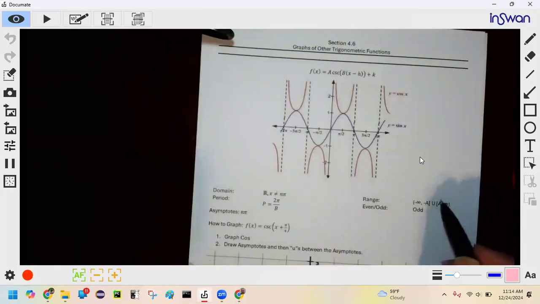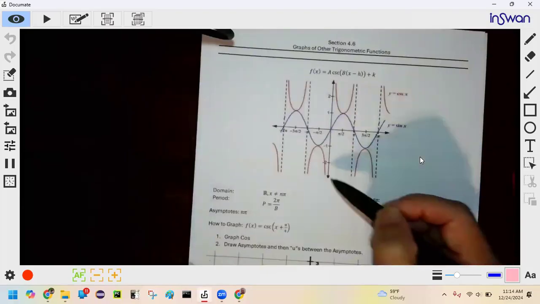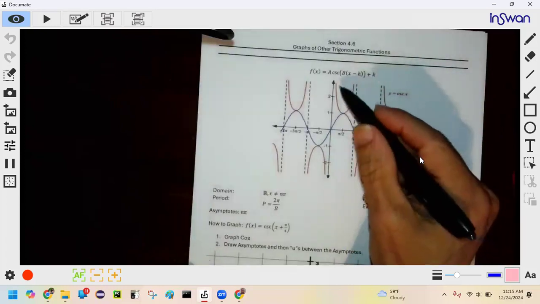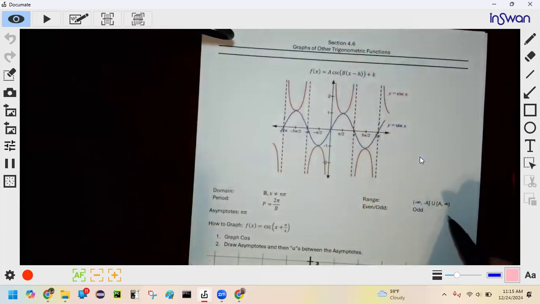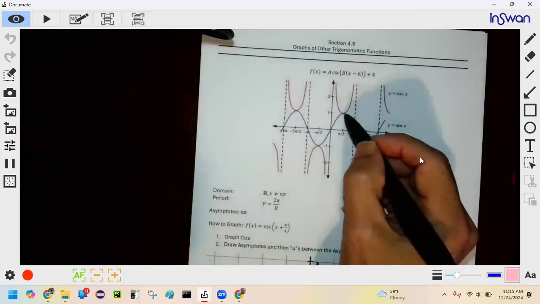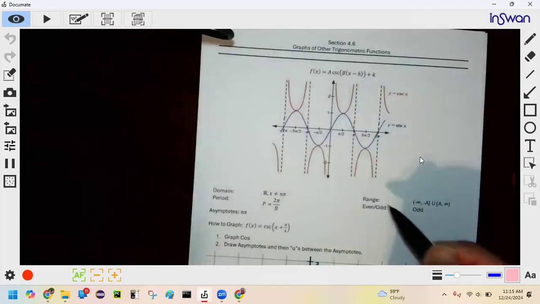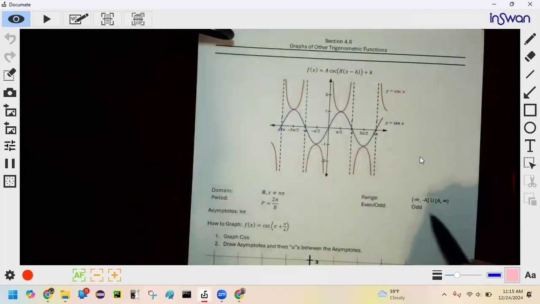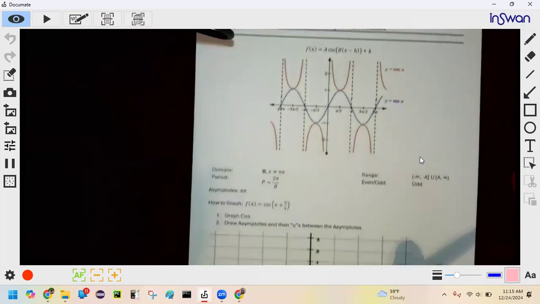Range is different. It's negative infinity to negative a, down here, and a to infinity, up here. This is also an odd function because if you reflect and reflect again, you see it overlays the graph down here. Plus, it's built on the back of sine. We know that sine's an odd function, so it's going to be the same as that.